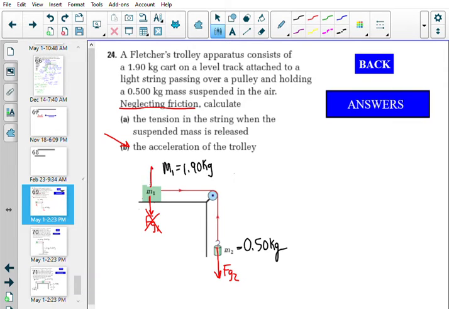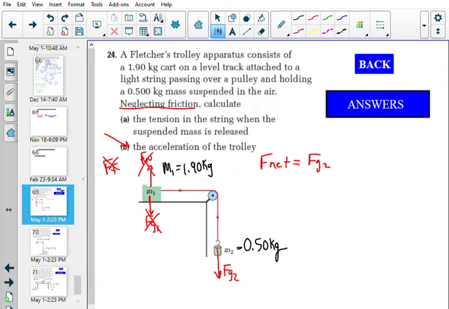There's an Fn over here, but again, that normal force is not pulling on the rope. There is no friction, so there's no friction to pull on the rope. So the only force that's pulling on this rope for F net is Fg2. That's the only force, because all the other ones aren't pulling on the rope.